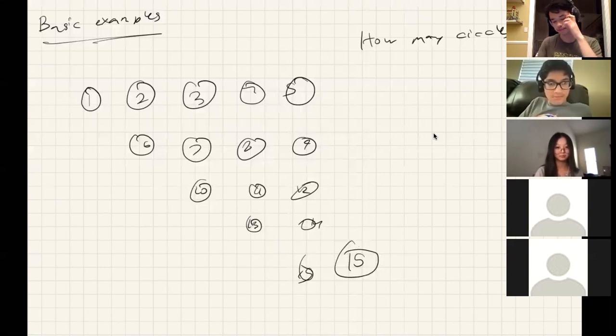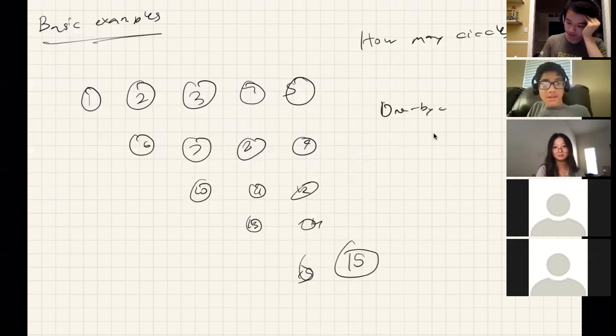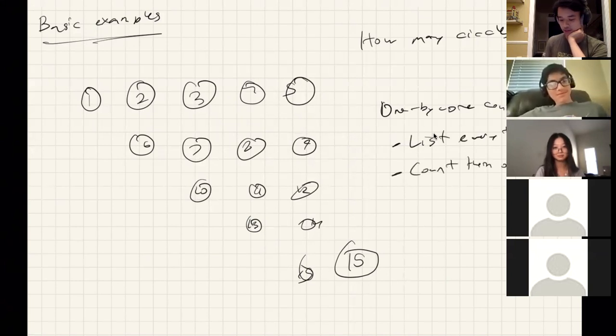And actually, a decent amount of counting problems can be done in this way. This is just one by one counting. It's the most basic idea, where you list everything out and then count them one by one.